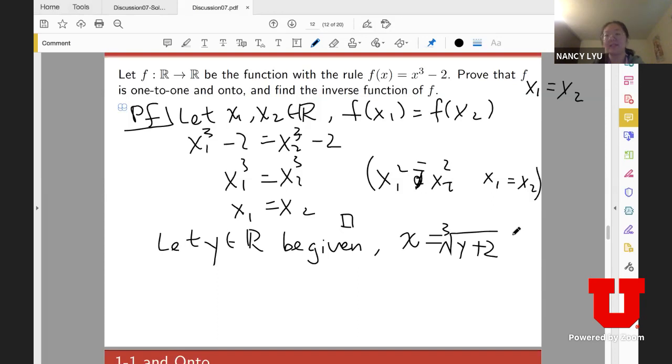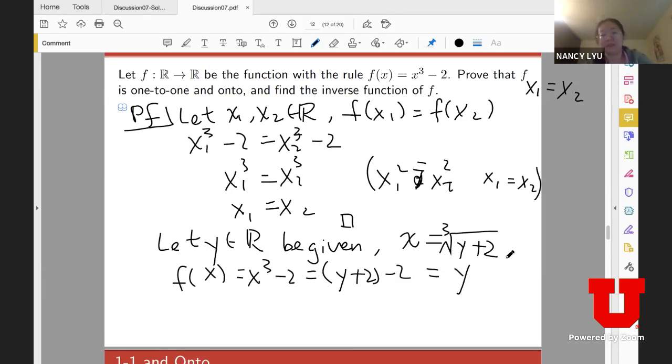So set x equal to the cube root of y plus 2, a real number, and then we can plug x into the function to get y. Which will show that it is onto, that every number in the codomain is reached.